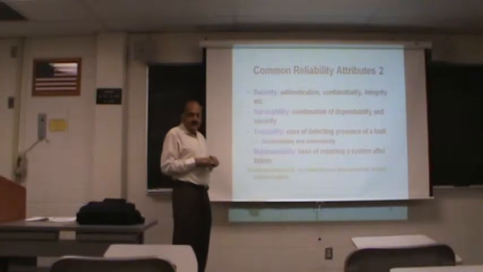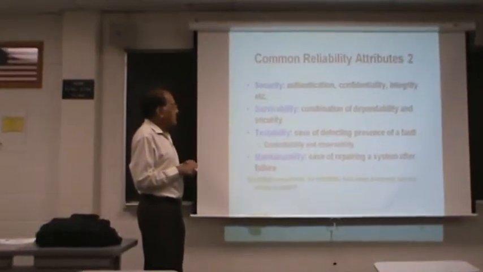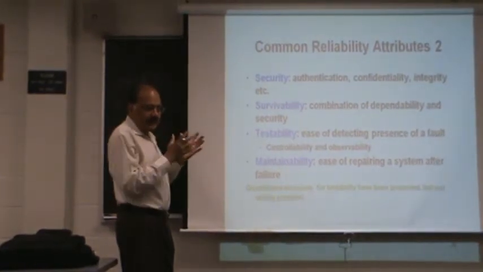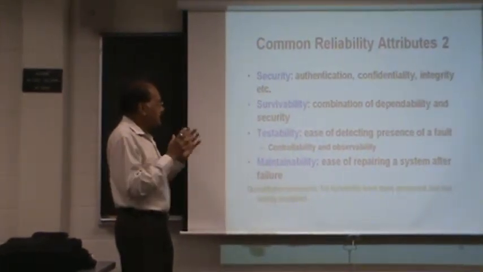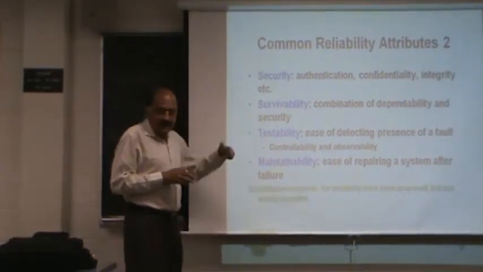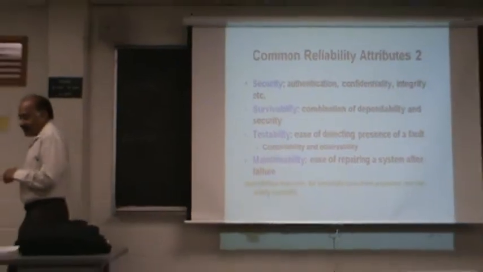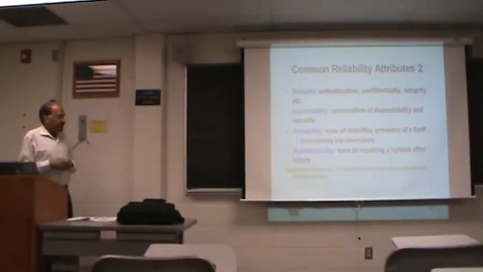Security, right now, there are some people who are trying to come up with some quantitative characterization of security, but right now it is more a concept. Testability sometimes can be measured quantitatively, but sometimes people talk about it in a non-quantitative way.